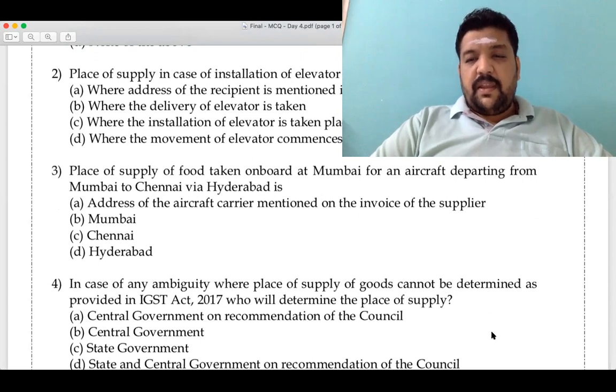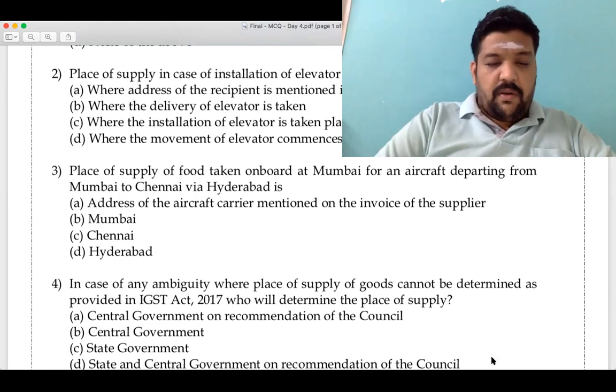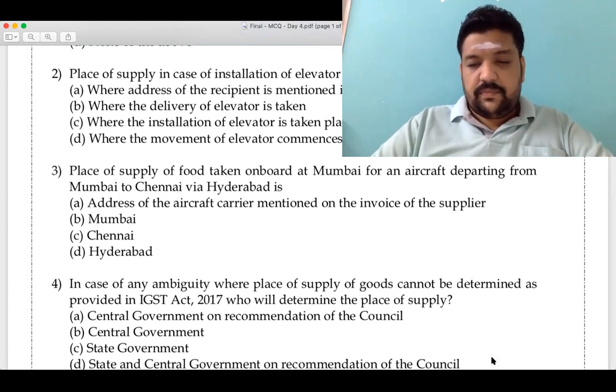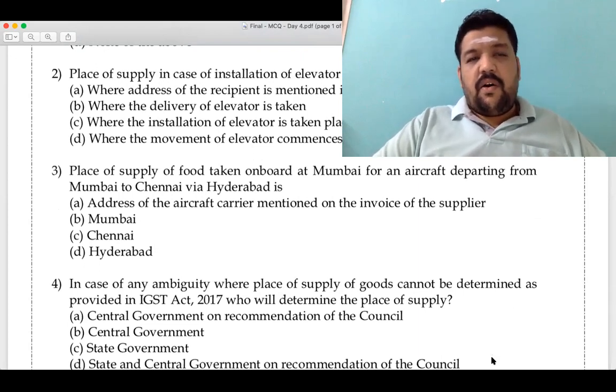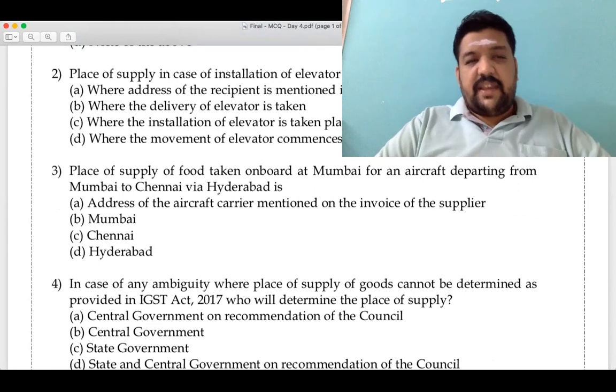Place of supply in case of elevator: where address of the recipient is mentioned, or delivery of elevator is taken, where the installation of elevator takes place, where the movement of elevator commences from supply.